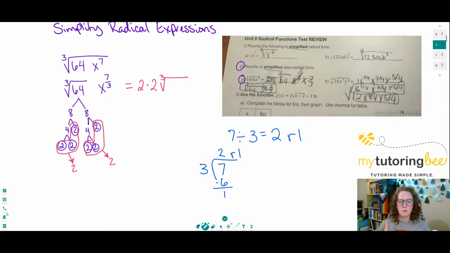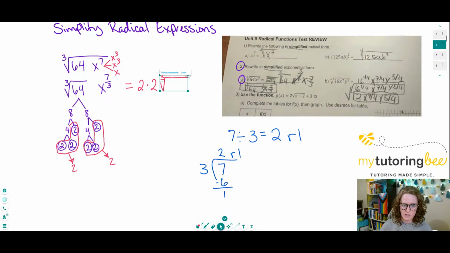Okay. So when we think of it that way, we can see, how many groups of 3 of these x's do we have? Because remember, this x to the 7th power, we could write as x to the 3rd times x to the 3rd times x, right? 3 x's multiplied together times another 3 x's multiplied together times one more x multiplied together. That's 7 x's multiplied together. So how many groups of 3 do we have? Well, we have 2 of them.